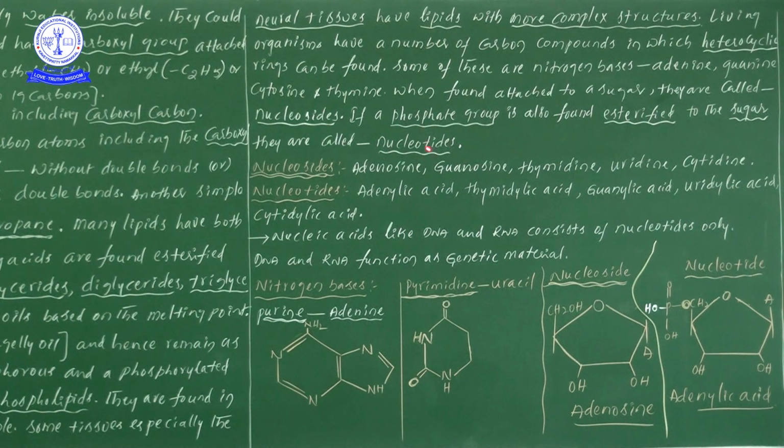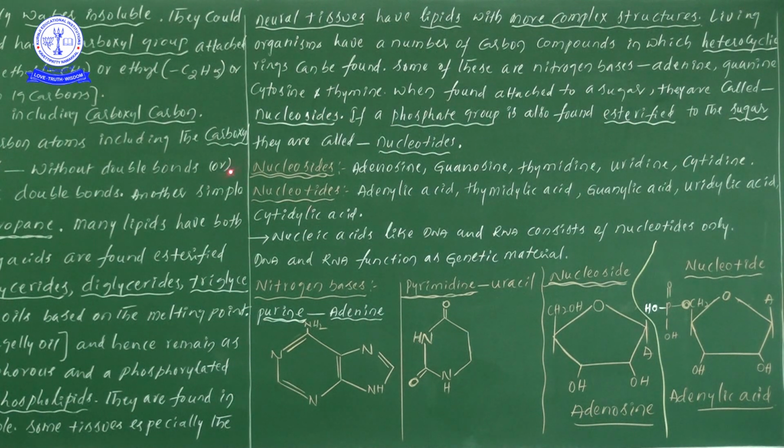Nucleotide minus phosphate. Correct, no? Nucleotide minus phosphate means nucleoside only. So what is the point here we are understanding? In a nucleoside, phosphate will not be there. When phosphate is attached, the nucleoside becomes a nucleotide. Easy only, no? So one more time, save this well, important.